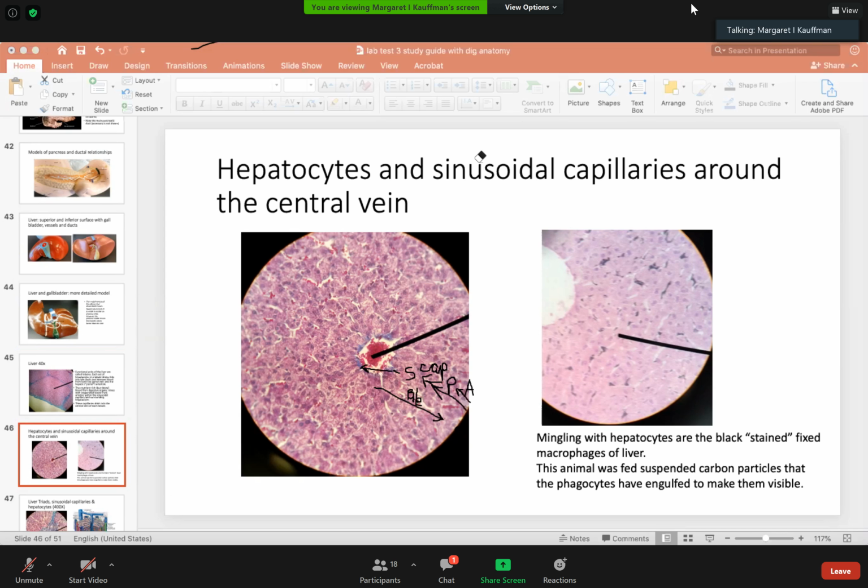So those two pictures focus on the central vein, the hepatocytes, and as I mentioned, these fixed macrophages. They actually have a name, Kupffer cells, but I don't typically use it because it's one of those people's names.